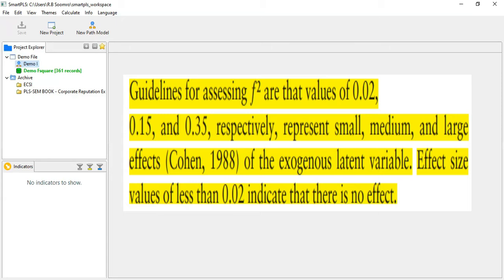If this change is from 0.02 to 0.15, that is weak, from 0.15 to 0.35, that is moderate, and above 0.35, that is a substantial impact. One more very important point is that if the effect size value is less than 0.02, it indicates there is no effect. These are very important guidelines to keep in mind.